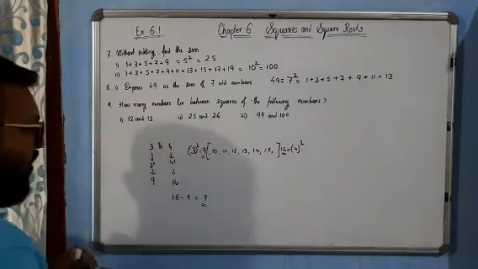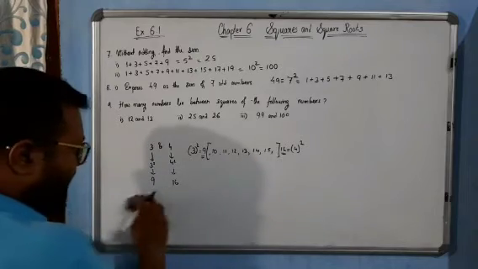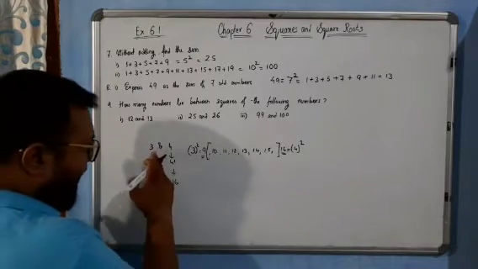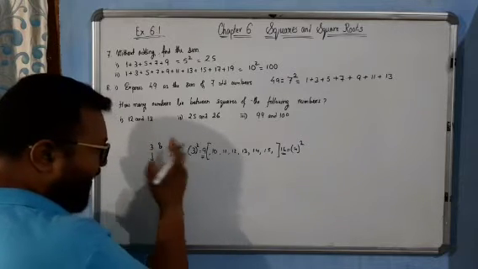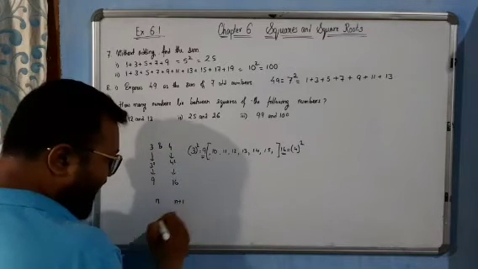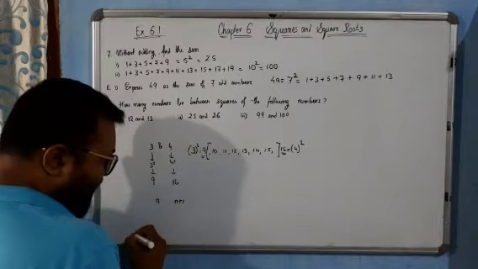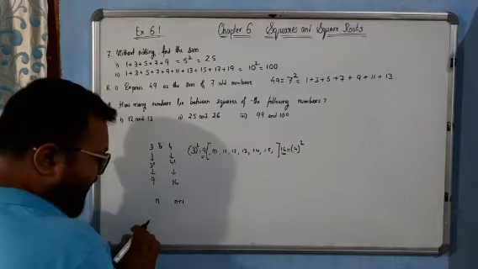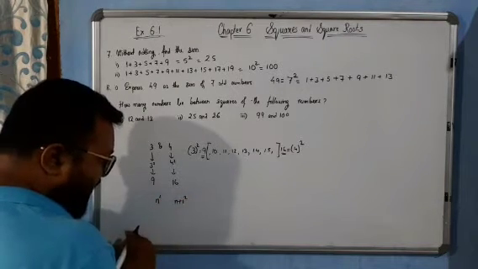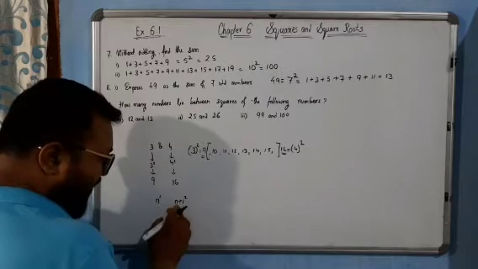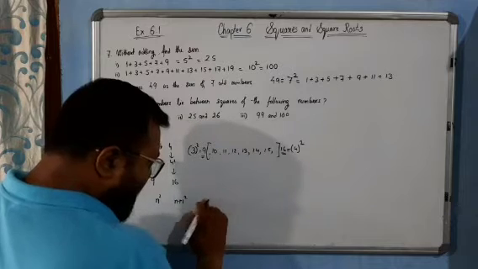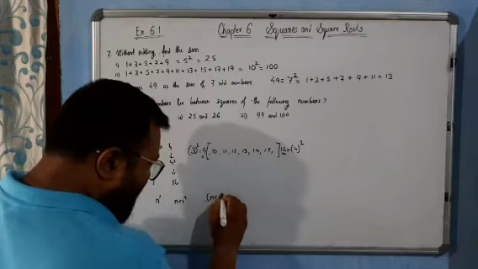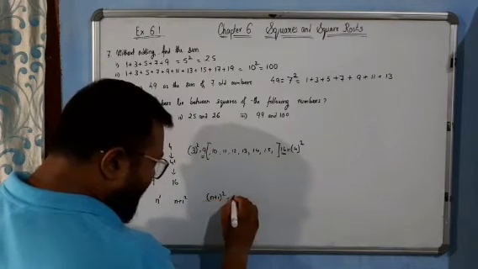So what we will do, look at here. If we take 3 as n, then 4 means 3 plus 1, that is n plus 1. Now if we square it, the difference between these two will be n plus 1 whole square minus n square.